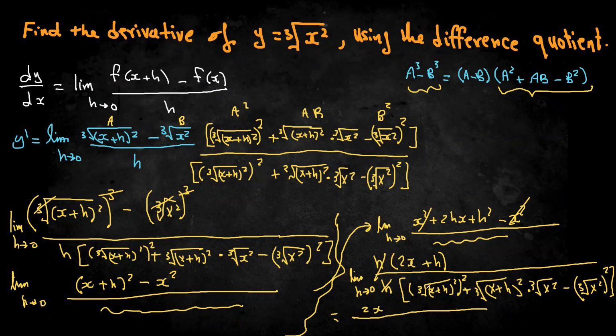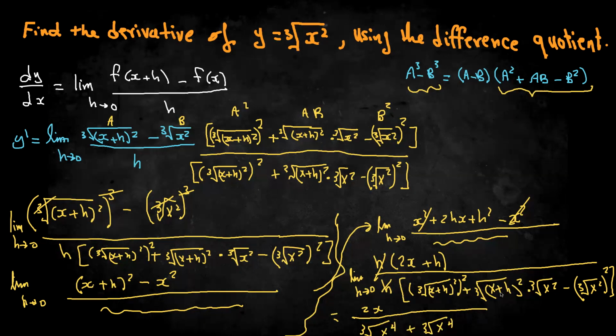I'm going to get, if I'm sending this h to 0, the cube root of x to the 4, because the 2 and the 2 here makes it 4, and since h is 0, plus, also if I send this to 0, then it's going to be cube root of x squared times the cube root of x squared. That's also going to give me the cube root of x to the 4, because we're adding the exponents.